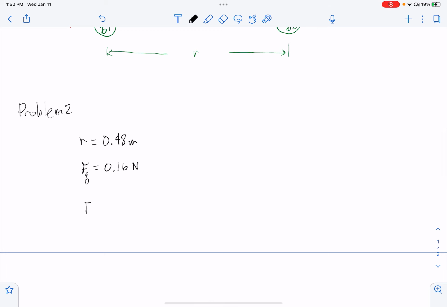So of course we're going to use Newton's, I'm not Newton, but Coulomb's law. And we have kappa Q1 Q2 over R squared. Q1 and Q2 are just going to be equal to Q, so they're equal to one another.